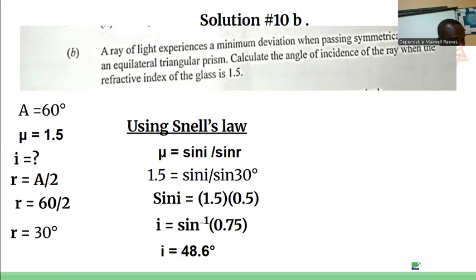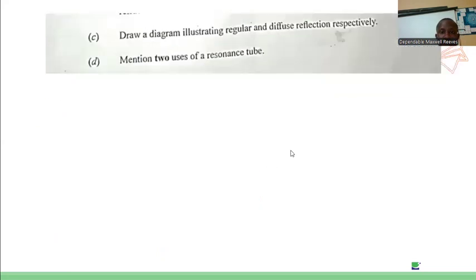All right, let us move to question 10C and D. For question 10C, we are asked to draw a diagram illustrating regular and diffuse reflection respectively. Regular reflection usually occurs on a smooth surface, for example, the reflection on a plane mirror is an example of regular reflection. And diffuse reflection or irregular reflection occurs on a rough surface. So this is the diagram.